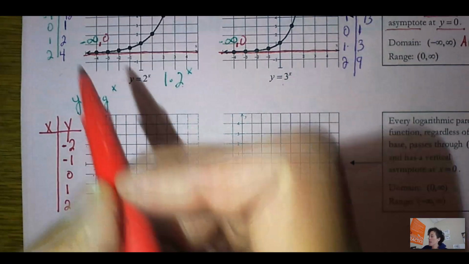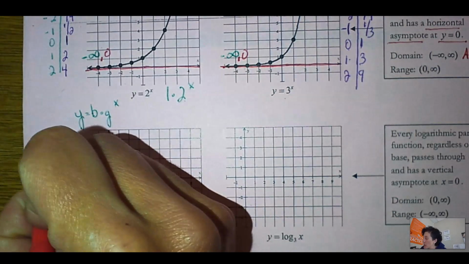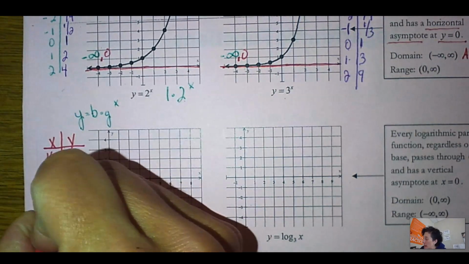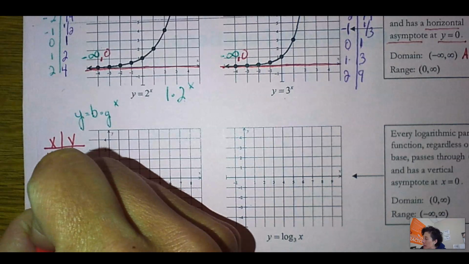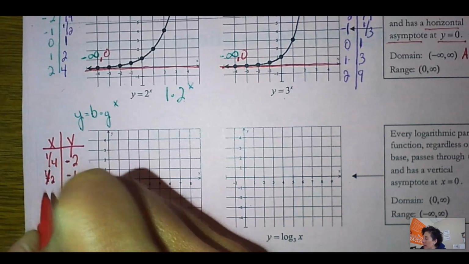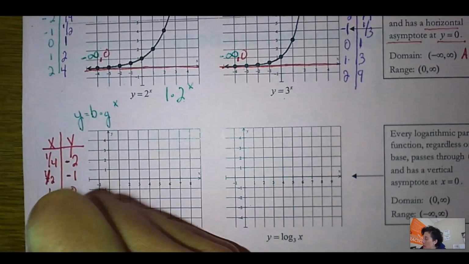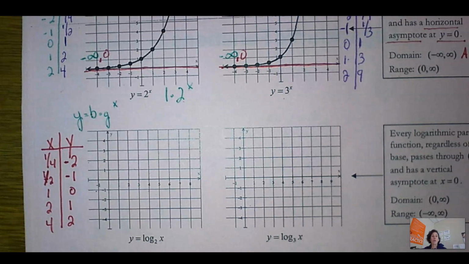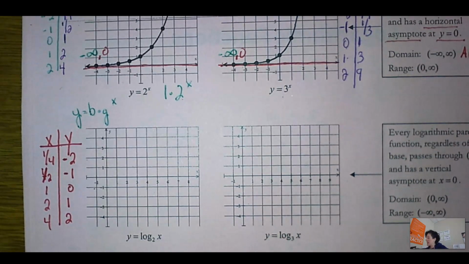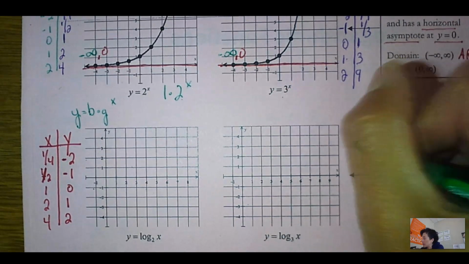All right, so I can actually just switch all these numbers out. And then 1 and 2 and 4. So the easiest way to do this, and I'll show you here how we're going to do that, is you're still going to make your table, right?